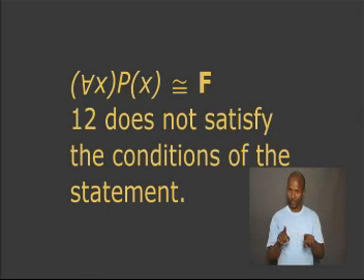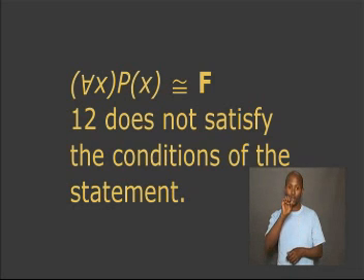However, the second statement has a truth value of F. Why? Because 12 is not a multiple of 5, and thereby does not satisfy the condition that all the elements of S are multiples of 5. Was your answer the same? Good work. And now let us study the relations between quantifiers.